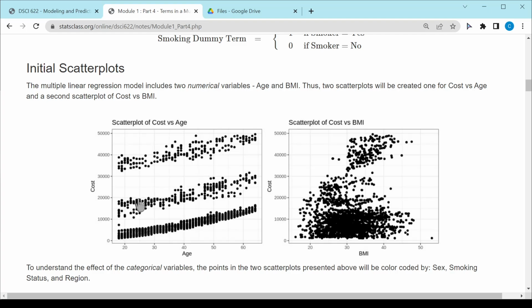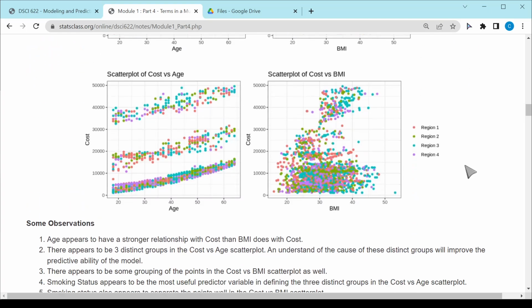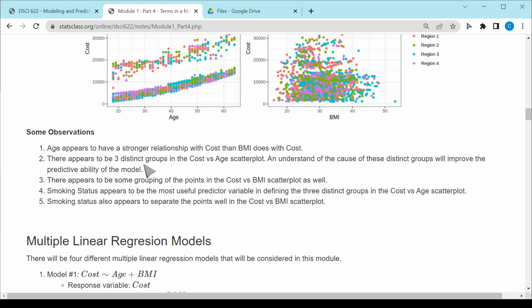These points again have those three distinct patterns, and maybe a little bit of curvature there, but the BMI dots are certainly more dispersed here. So we would say that age has a stronger relationship with cost than BMI does with cost. We talked about the three distinctive groups. Smoking status appears to be the most useful predictor in defining those three distinct groups.